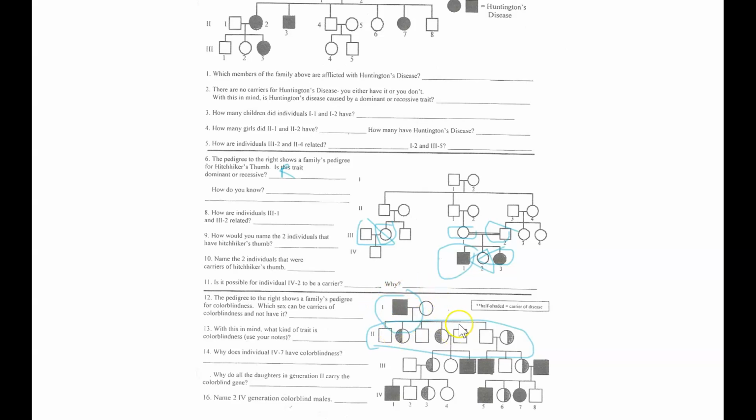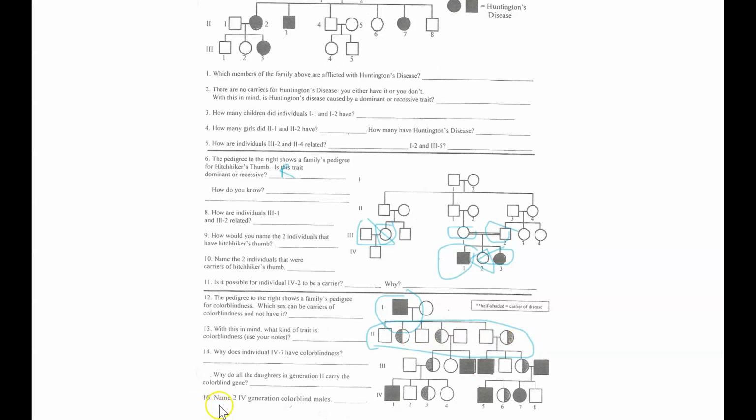He is passing that recessive allele to his daughters, and that's why they're carriers. And their mom is not a carrier, she basically has regular normal color vision, and so it's the dad that's passing on that colorblind allele, which makes them carriers.